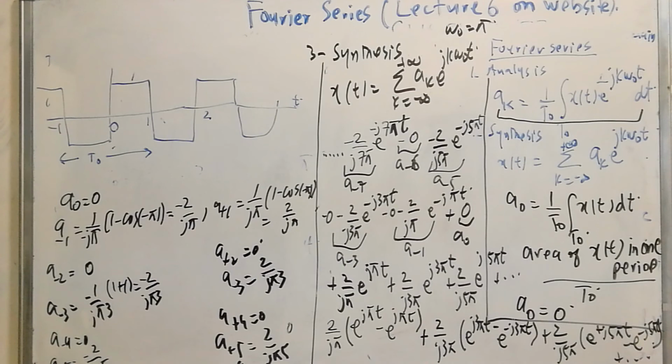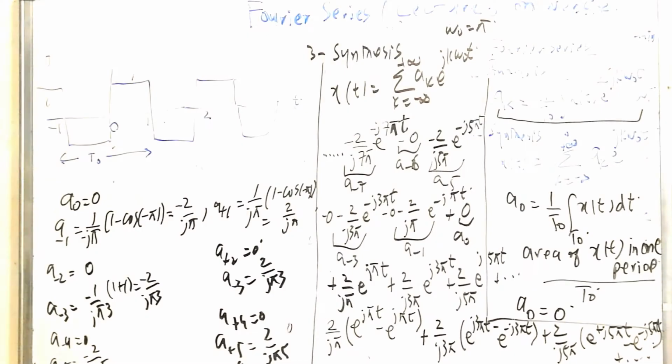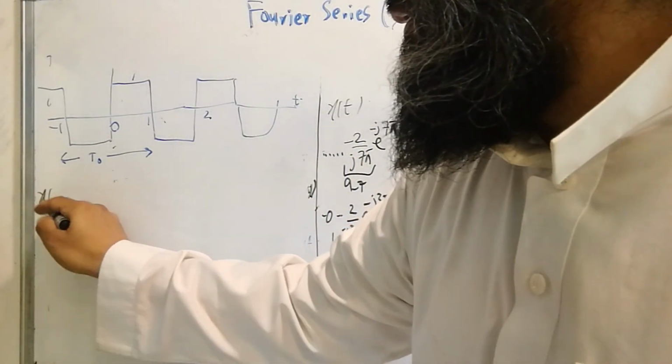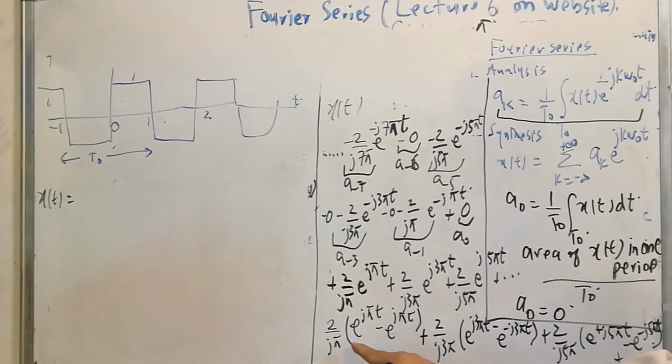So this is my x of t actually. This is the summation x of t. So I can write here x of t equal to, so this is sine. I can bring this j inside, and another 2.